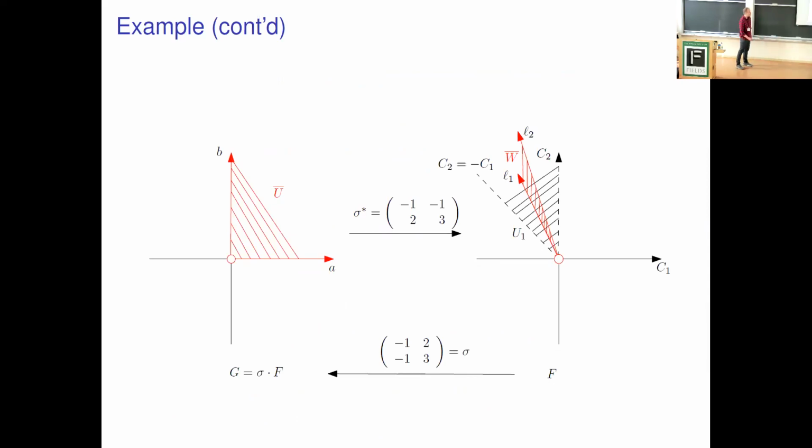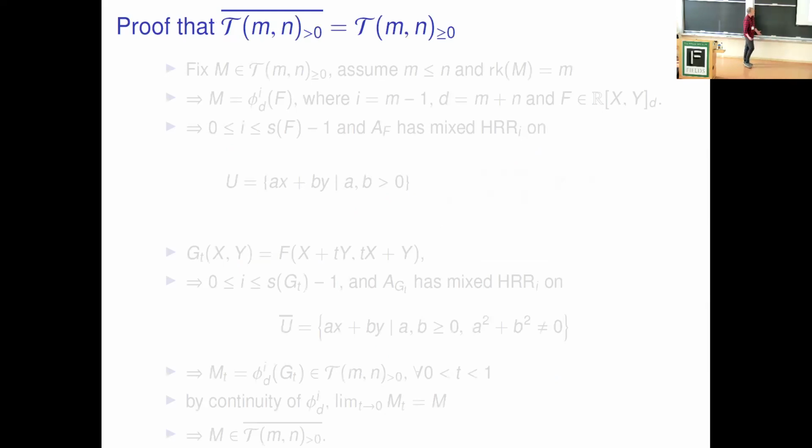So anyway, maybe I'm almost done. I've got one slide left. So here's the whole punchline. How do we show this? Let me take a totally non-negative Toeplitz matrix M, and I'll assume M is less than or equal to N, and let me assume that M has full rank.